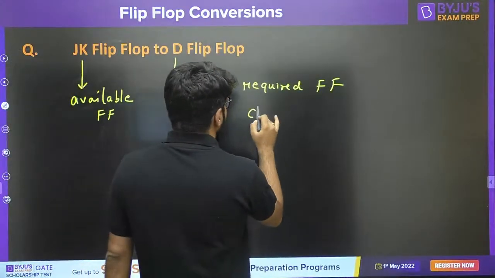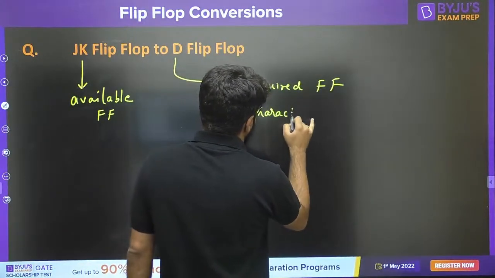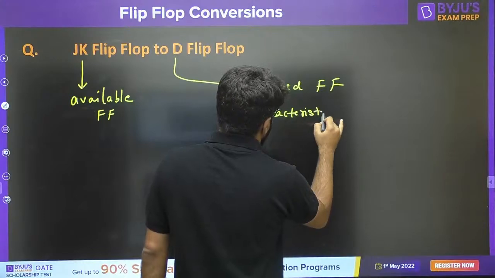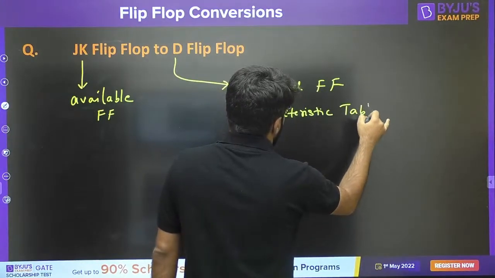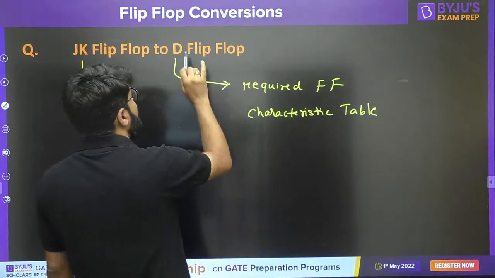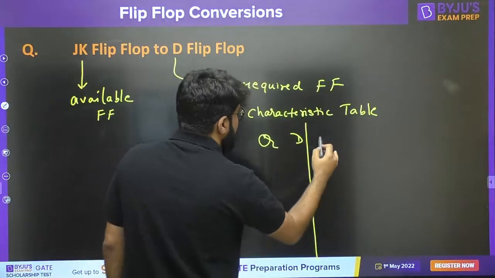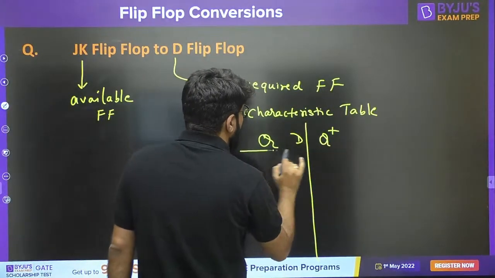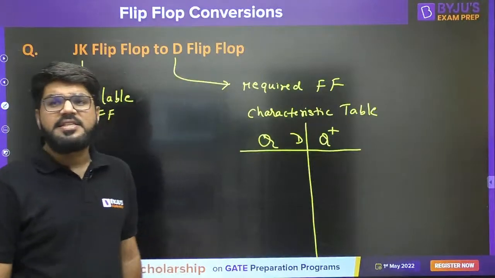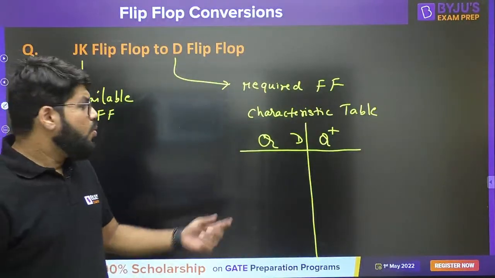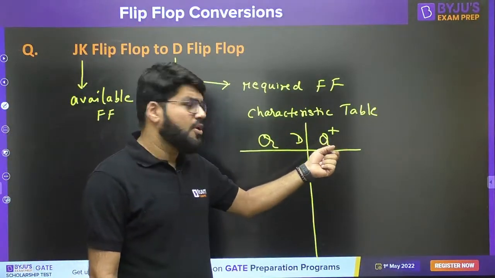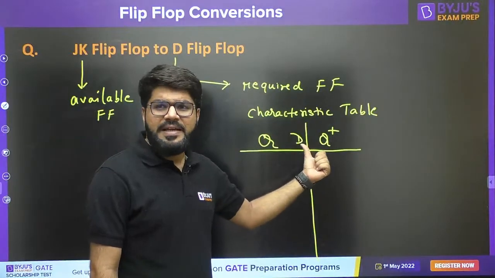Okay sir, I will make the characteristic table here. Now D flip-flop is the required flip-flop, so what is the characteristic table? It is also known as the next state table or transition table, which will give you the next state of the device based on the current state and the applied D input.